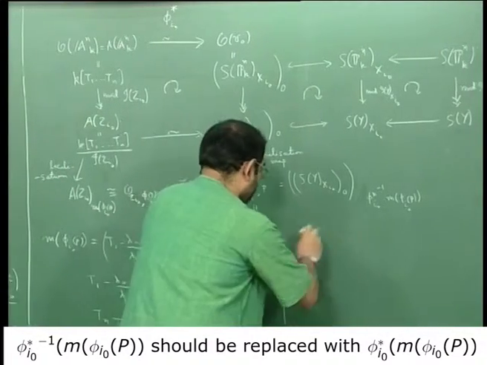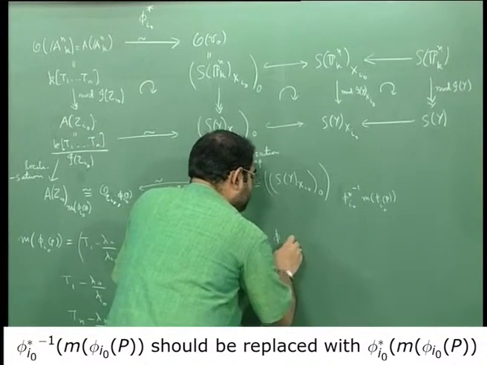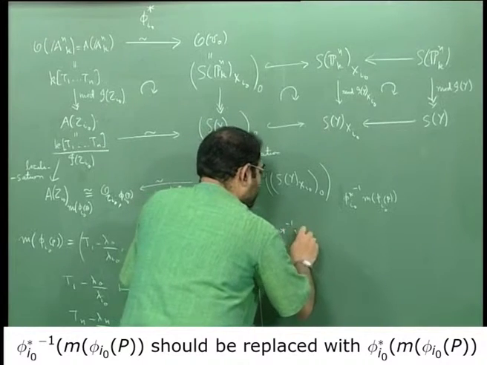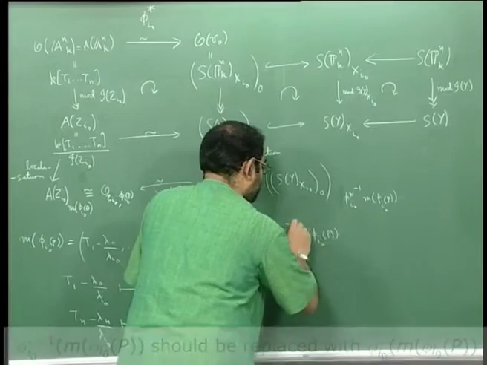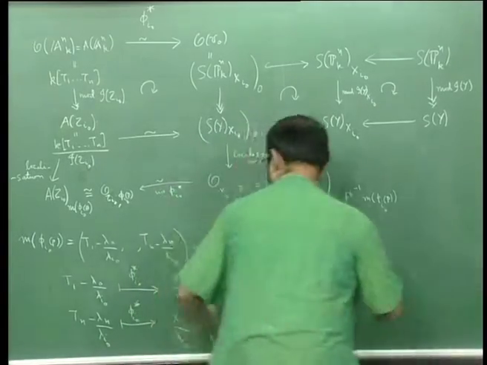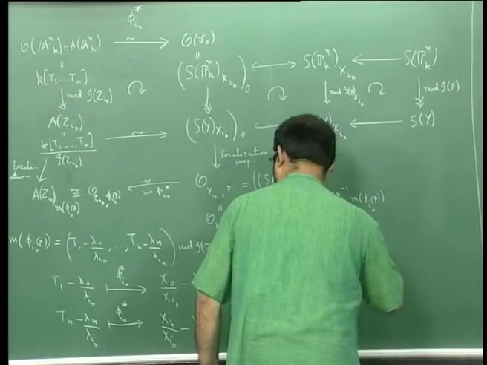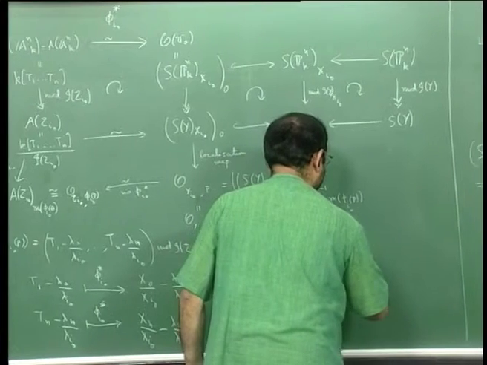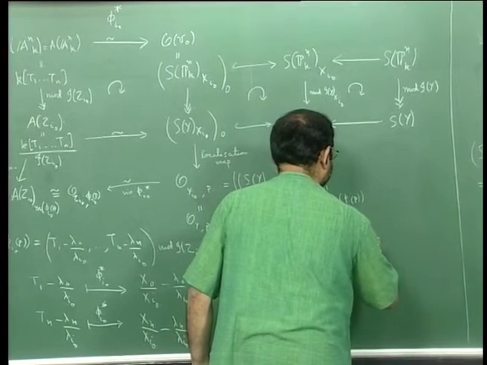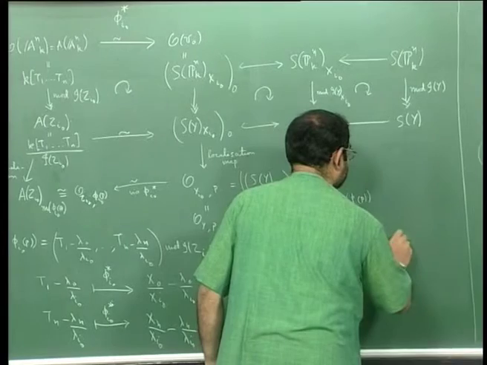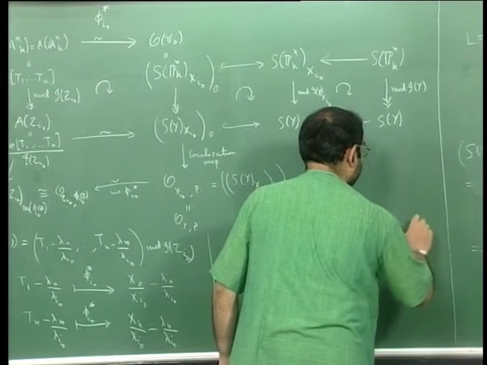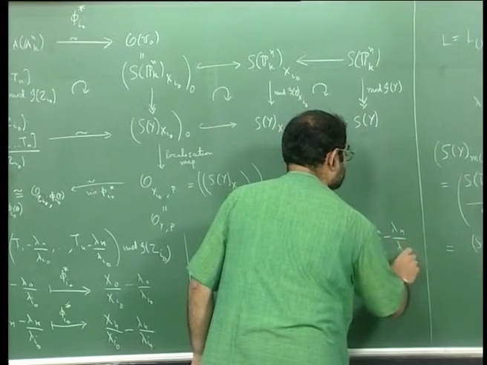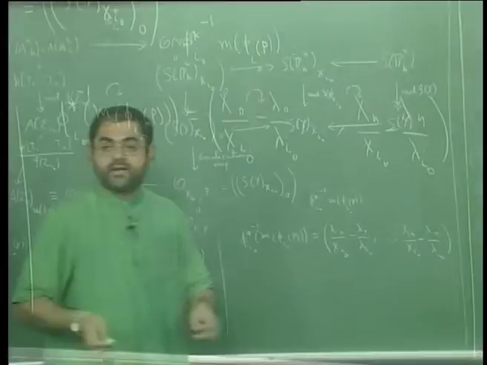So phi I naught star inverse of m of phi I naught of p is actually the ideal generated by all these guys, x naught by x I naught minus lambda naught by lambda I naught, dot dot dot, xn by xi naught minus lambda n by lambda I naught. Of course, I am able to write all this because lambda I naught is non-zero.